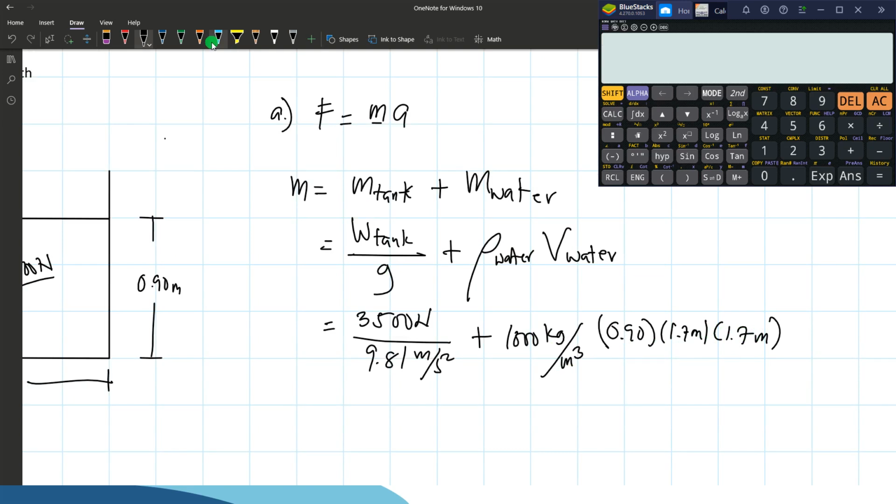Next, the mass is equal to, we can directly solve this, 3,500 newtons divided by 9.81, plus 1,000 multiplied by 0.9, 1.7, 1.7.